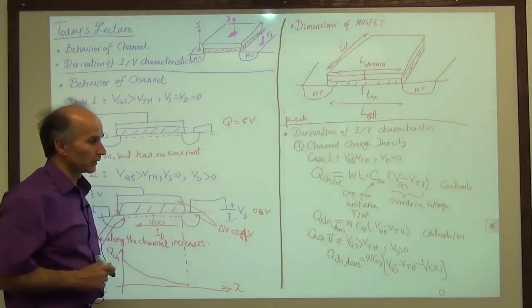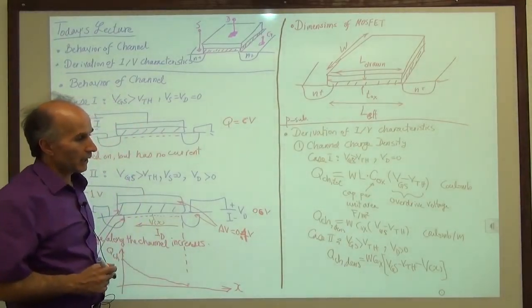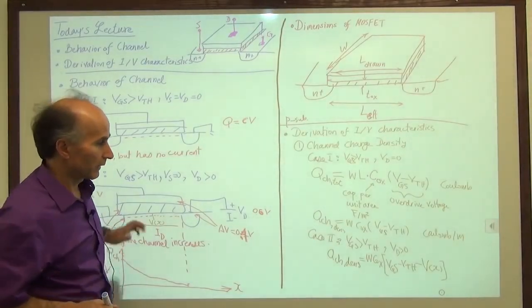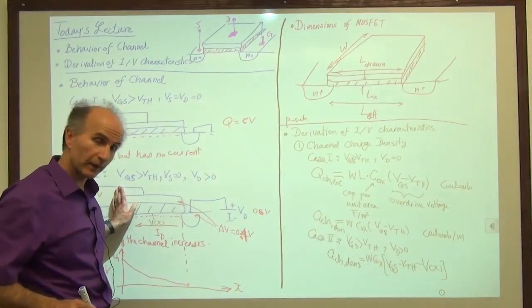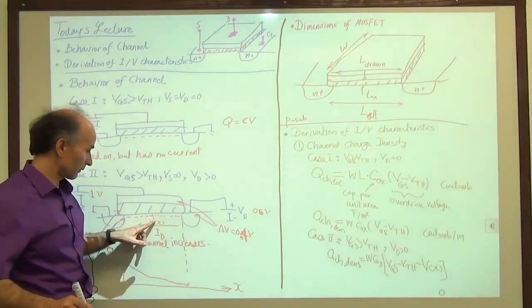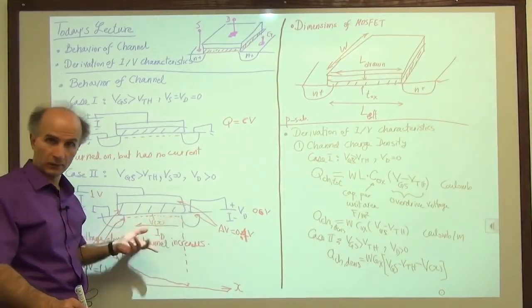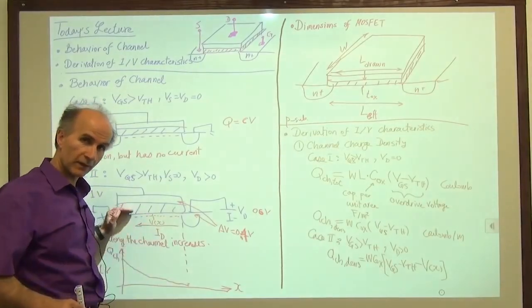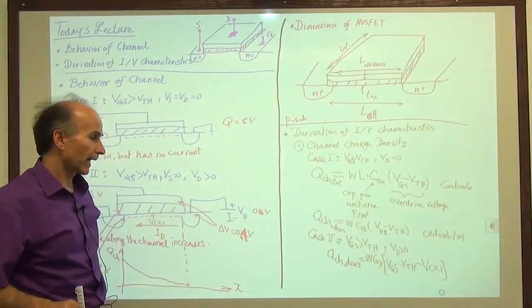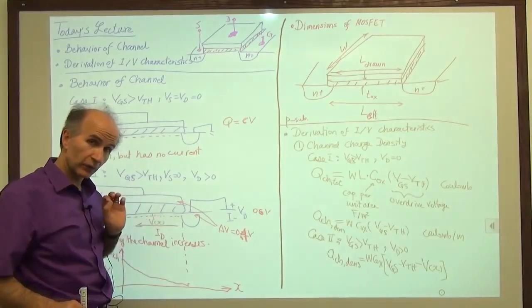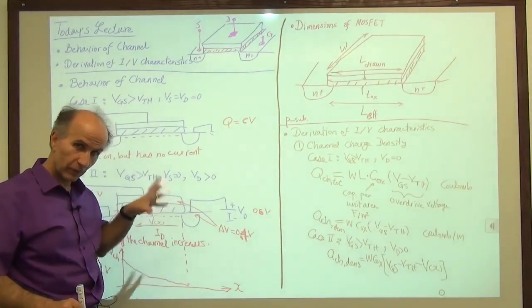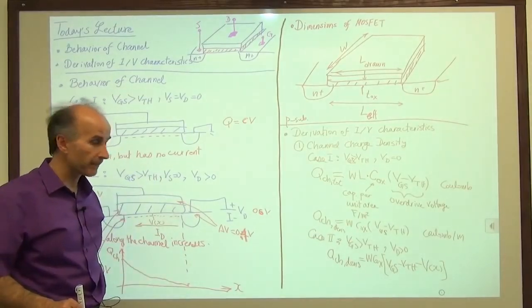Okay, very good. Now we have this equation in terms of the gate voltage that is applied, and this V of x that varies, of course, from here to here. We don't know how it varies. We just know that it increases from here to here. And our objective is still to determine the drain current as a function of VGS and VDS.